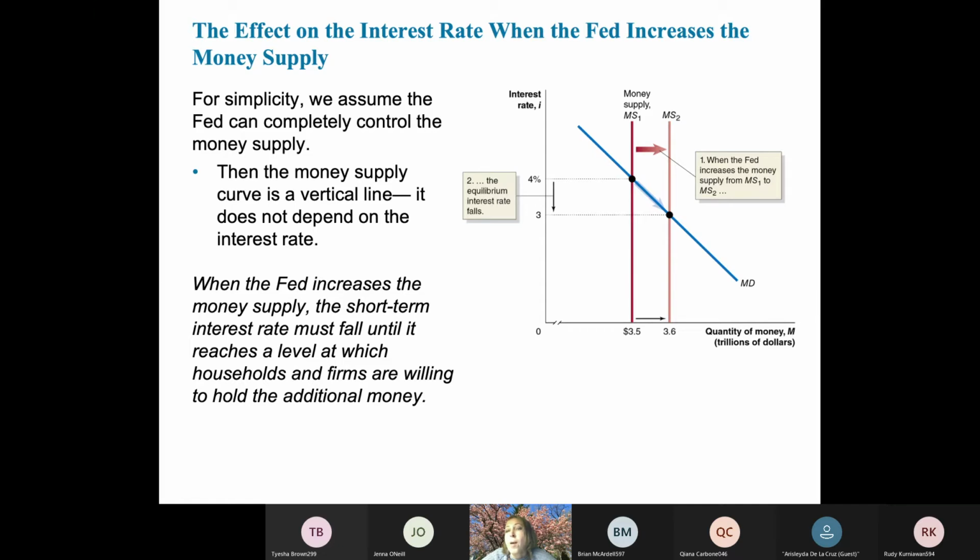So by increasing money supply, we are reducing interest rates. By affecting one outcome, we're affecting the other. We can say the other way too: if we want to reduce interest rates, we need to increase money supply.